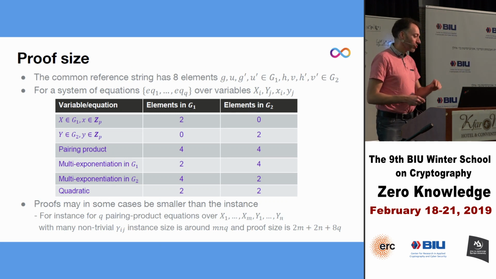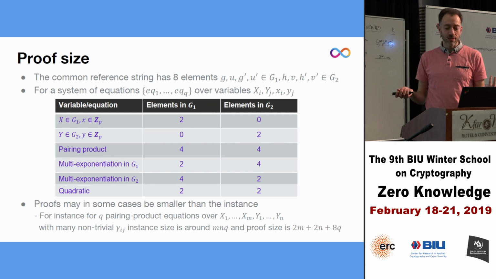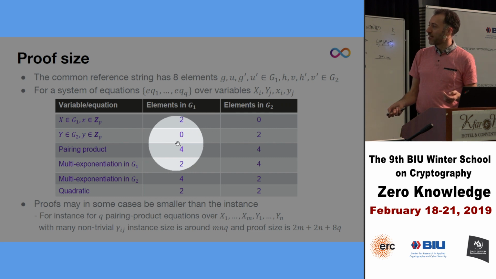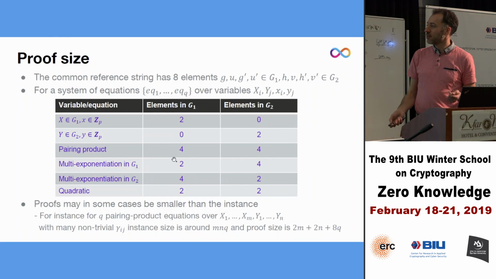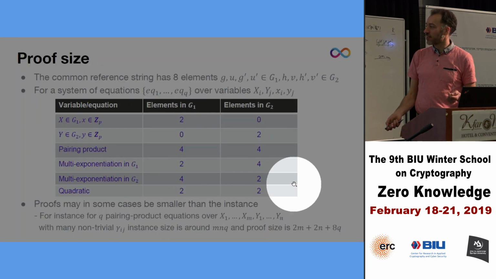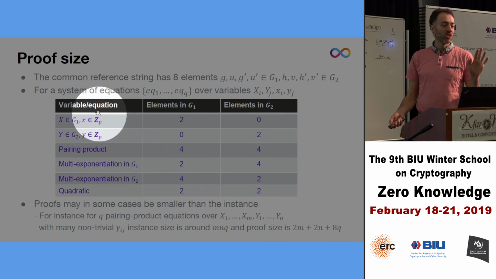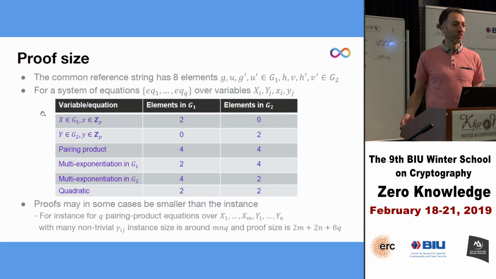Okay, so that shows for witness indistinguishability, we get this nice table of things that we can do. So we just saw that before we had pairing product equations, we could do this with 8 group elements for every equation. If we have quadratic equations, that actually goes down to 2 for each. And the multi-exponentiation equations turn out to land somewhere in the middle, and you pay 6 group elements for those.